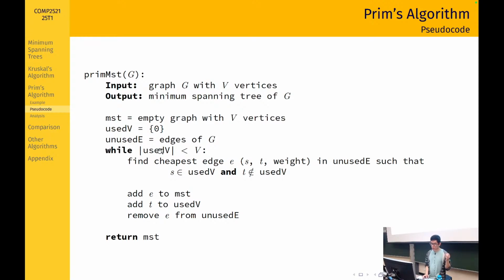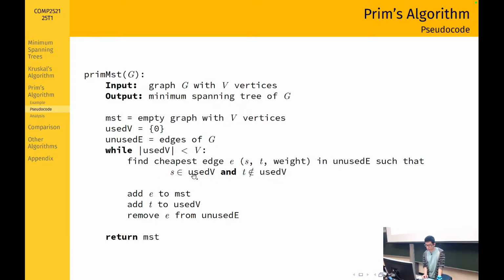And while we haven't added all the vertices to our minimum spanning tree, so while the size of this used v set is smaller than v, we'll go through our unused edges set and find the cheapest one that connects a vertex in the minimum spanning tree to a vertex that isn't in the minimum spanning tree.